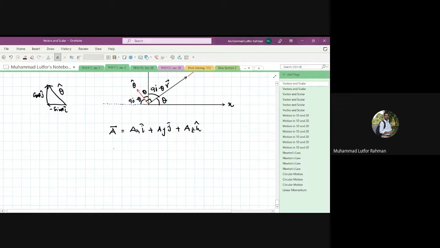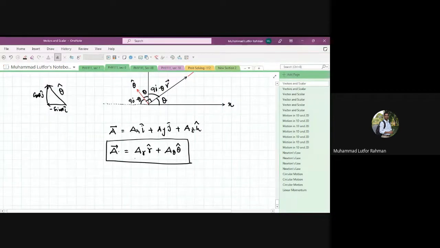Then in the polar coordinate system, I can write that vector as ar r hat plus a theta theta hat in the two-dimensional case, where ar is known as the component of vector a in that direction, called the radial component, because it belongs towards the radius, and this one is called the angular component, where r hat and theta hat are the unit vectors in those directions.